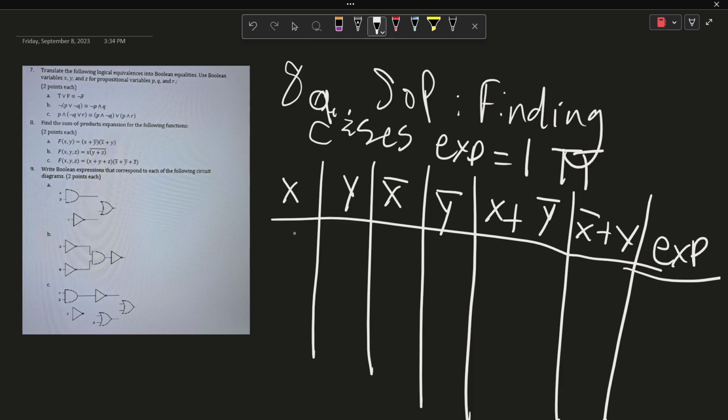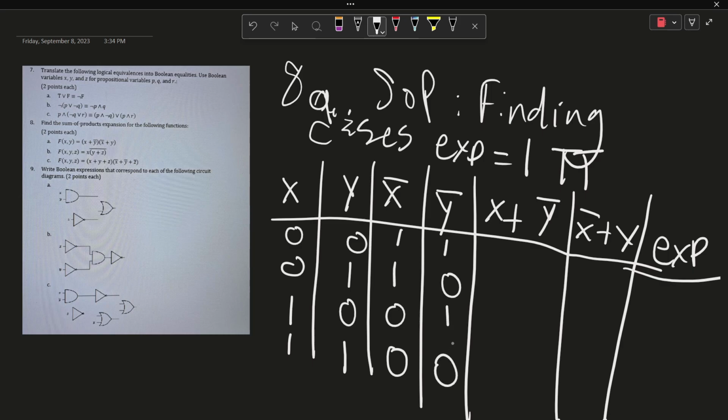If you know how to set up a truth table, 1, 0, 1, 0, 1, 1. So x naught is just the opposite of x, and y naught is the opposite of y. Then you just evaluate the things, which I'm assuming, if there were truth tables in the questions before, you should already know how to do this.